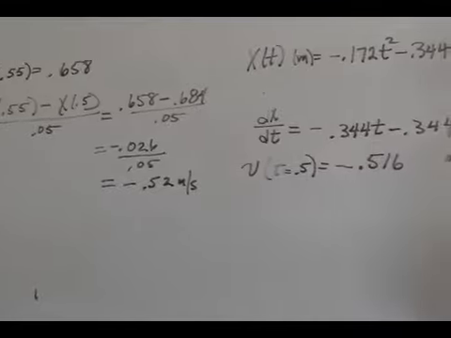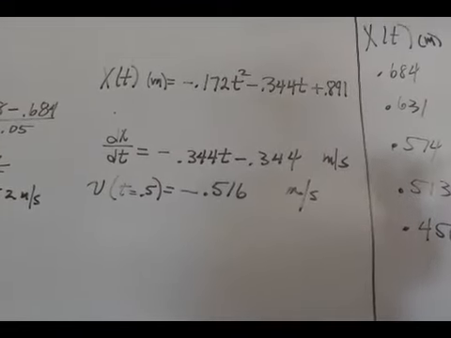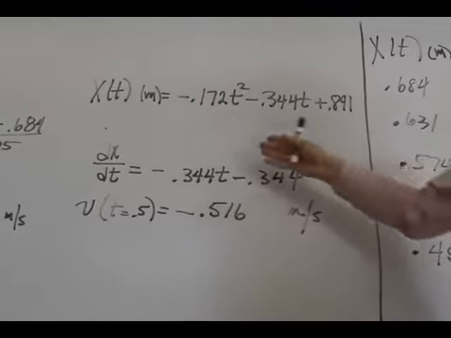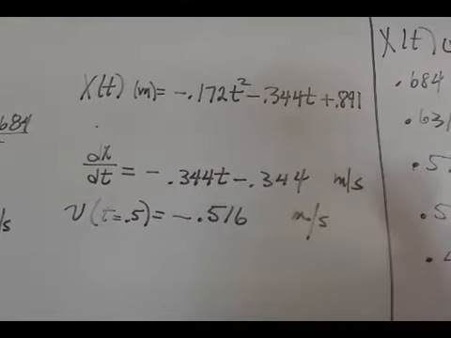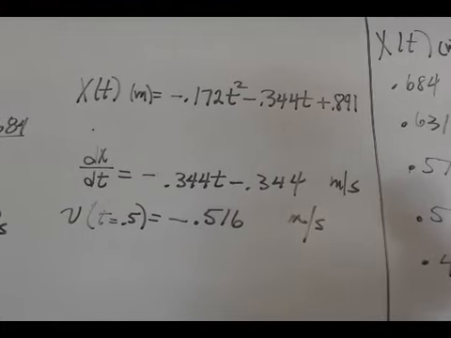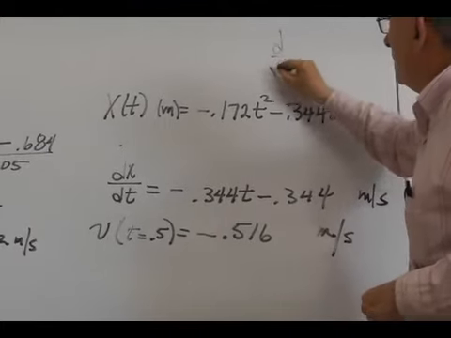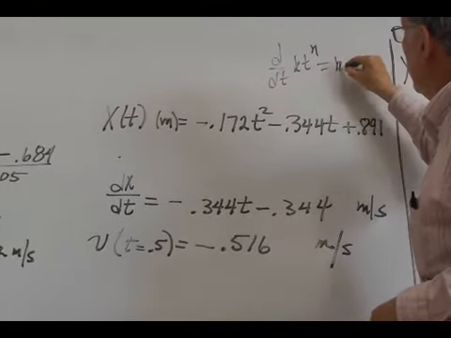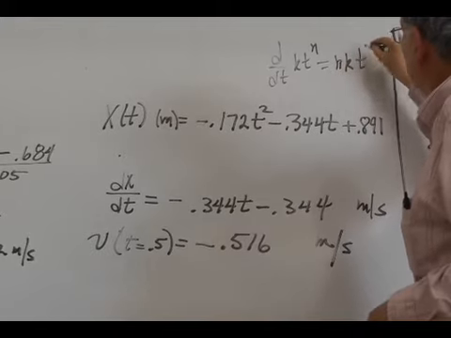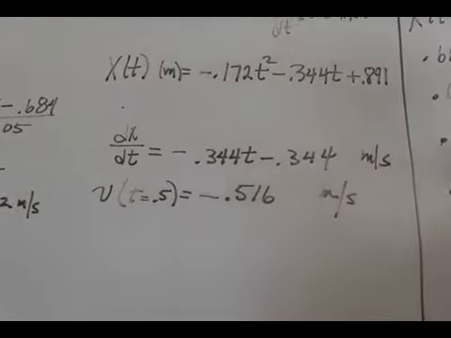We have a polynomial fit to the curve between the initial time and the final time, and we found that x of t in meters is given by this. If we differentiate this using our formula, that d by dt of k t to the n is n k t to the n minus 1, this should be the velocity.